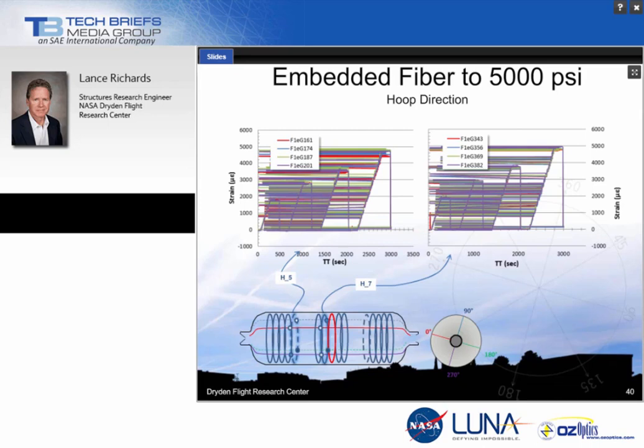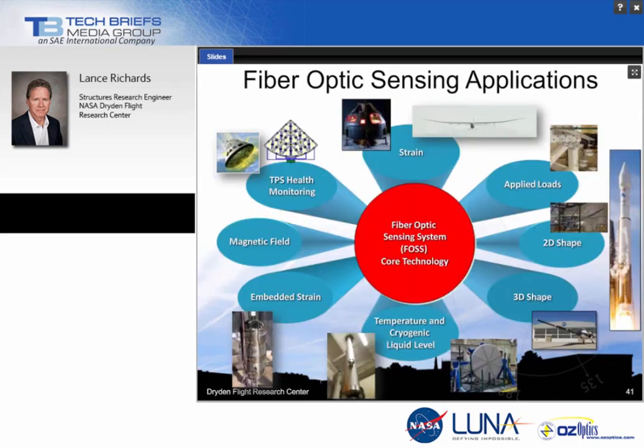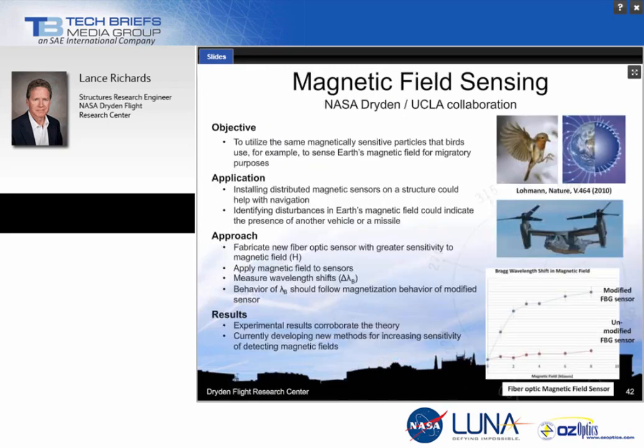But with that, we'll go to the next section, which is dealing now not only with embedded strain in composites, but looking at some work that we've done in magnetic field measurements. In this case, we're collaborating with UCLA, and the goal has been to develop a magnetic field measurement with fiber Bragg-grating technology.